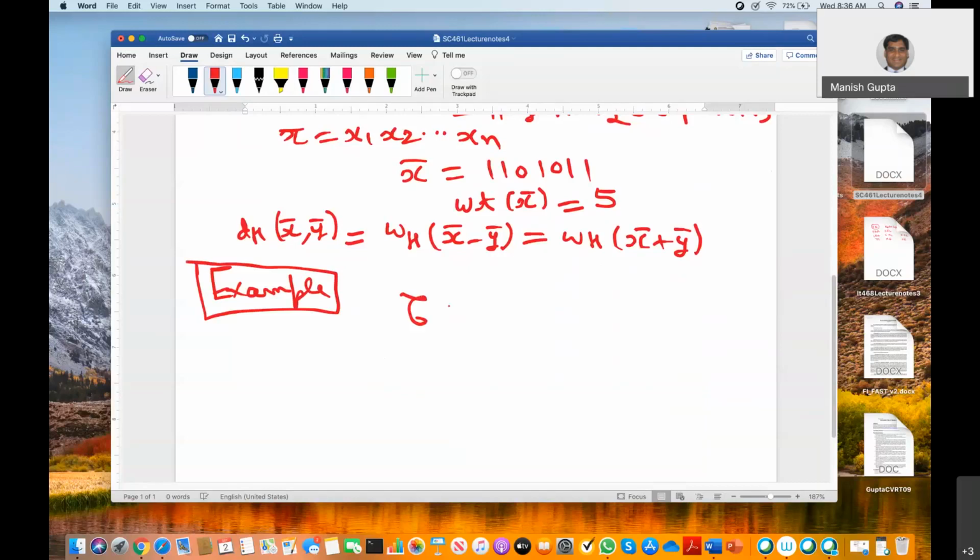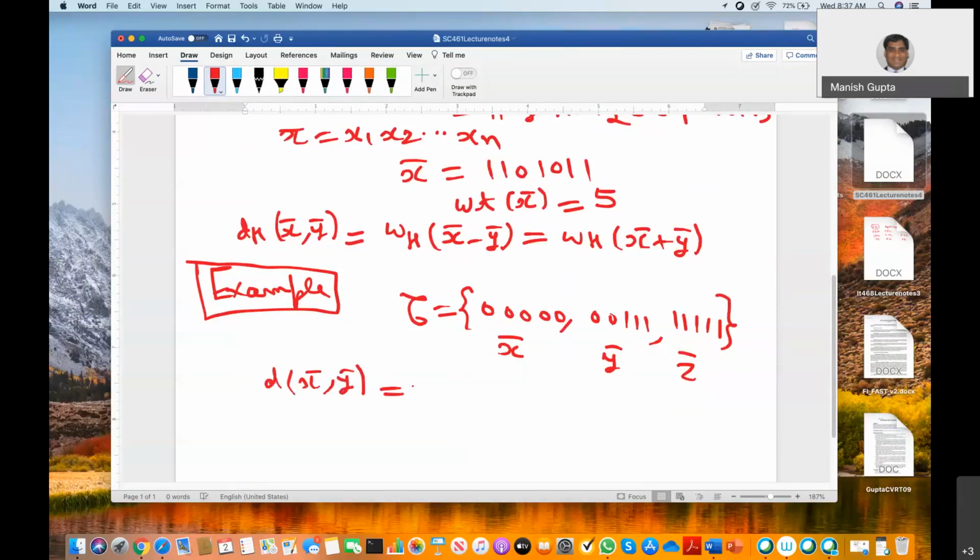Suppose C is a code with these code words. I need to find out the parameters of this code. This is one code word, this is another code word, this is a third code word. I can say that the distance between x, y is 3. The number of places they differ is 3.